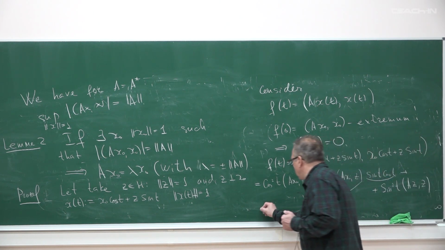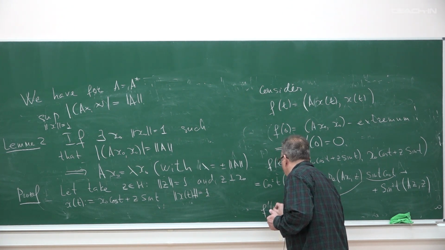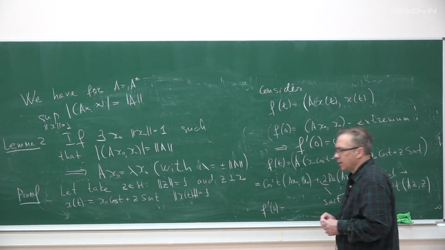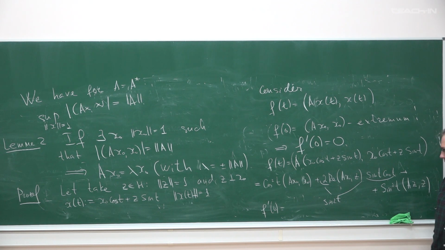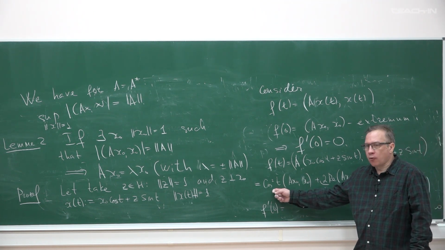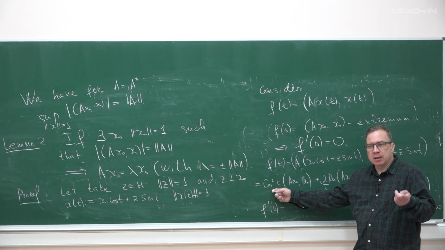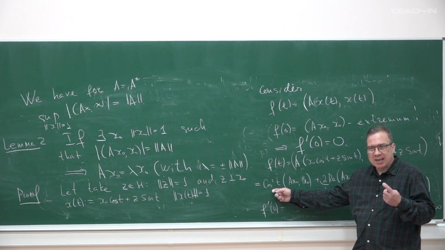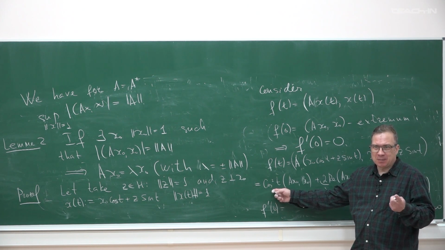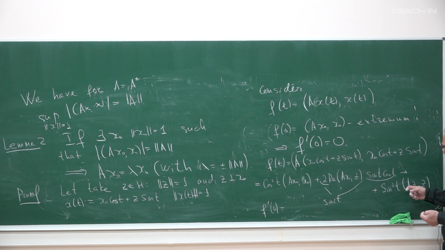So let's shortly calculate the value of the derivative at 0. The derivative of cosine square is 2 cosine times minus sine. Yes? And sine at 0 is 0. Okay? The derivative of sine square is 2 sine cosine.